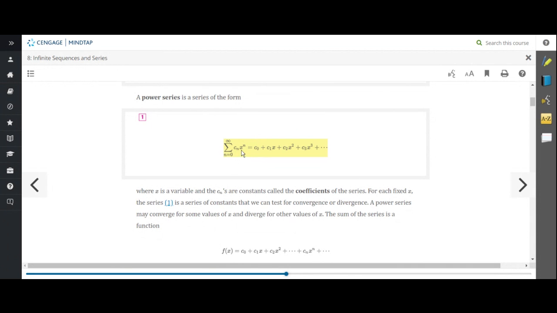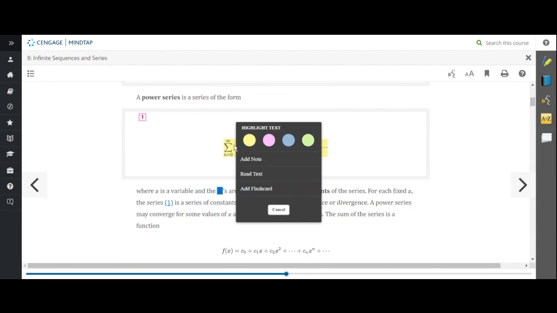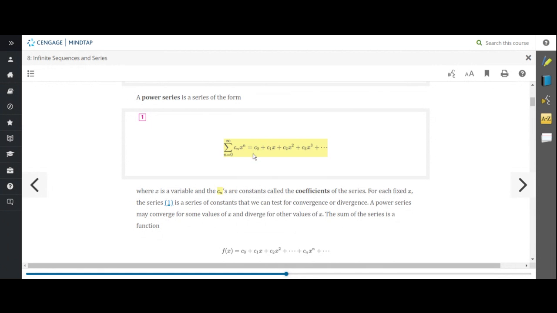If we write the sum as n equals 0 to infinity of c_n x to the nth power and write out the terms, we have c sub 0 plus c sub 1 times x plus c sub 2 times x squared plus c sub 3 x cubed. The c_n's are called the coefficients of the series.